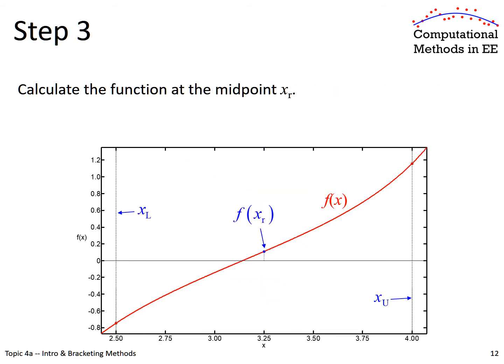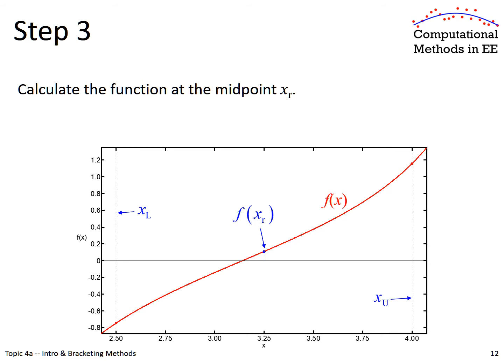Now that we've calculated where we think the next root might be, the next thing we do is evaluate the function at that new estimated position. So we evaluate the function at our new root position. At this point, we need to think about adjusting the bounds. And the way we'll do that is we'll look at the sign change from the bounds to where we've just evaluated our new root.